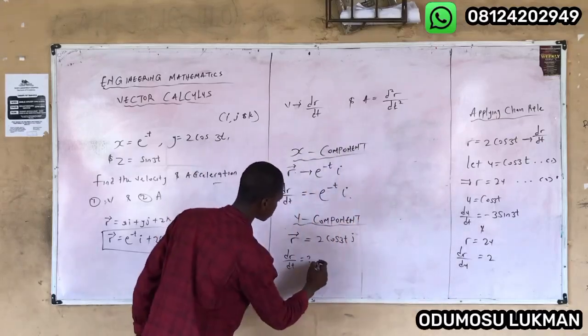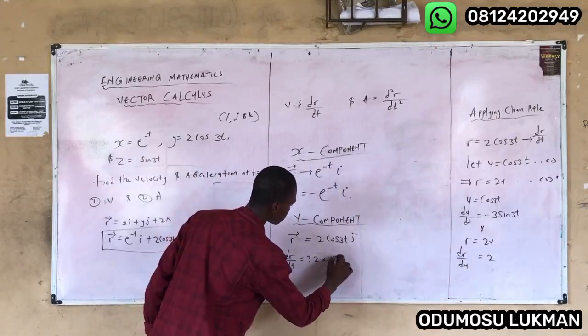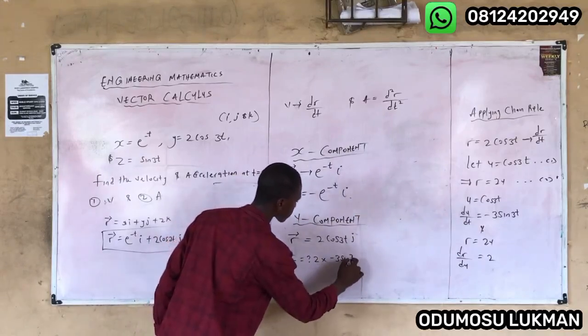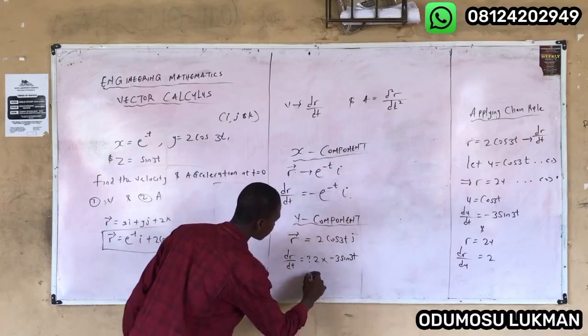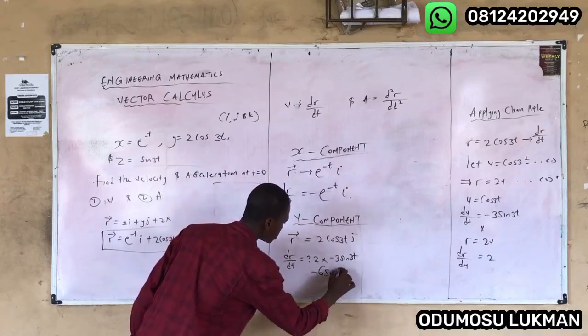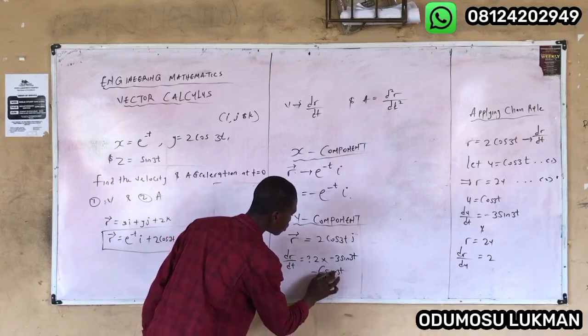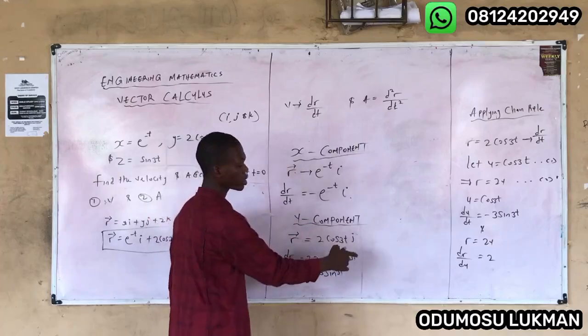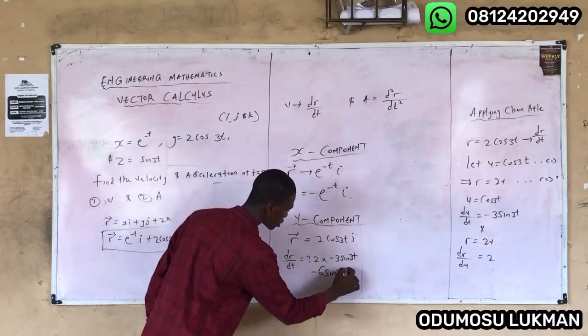So I have 2 times minus 3 sine 3t. By doing that, I have minus 6 sine 3t. What will be the direction here? Don't forget the y component. The direction is j.